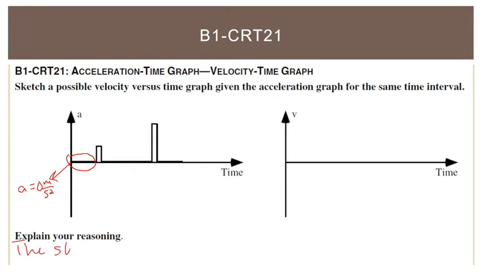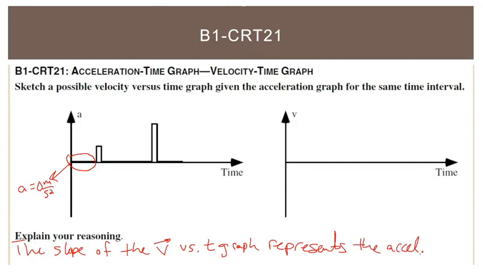The slope of the velocity versus time graph represents acceleration. Again, whatever is happening to the acceleration should be happening to the slope of the velocity versus time graph. So because the acceleration is 0, the slope of the velocity versus time graph should be 0.